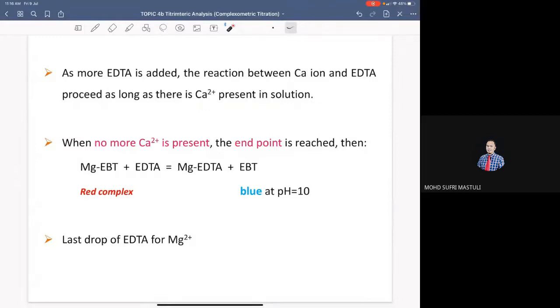So magnesium-EBT plus EDTA: magnesium-EBT is a red complex. So the EBT after dissociation, at pH 10, becomes blue.